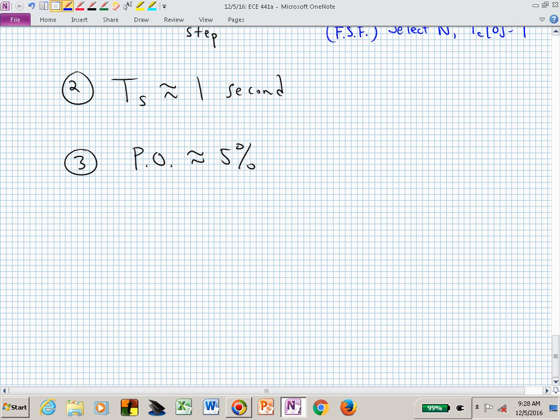What's the question? And it's not what is 1 second or what is percent, but what are the closed loop pole locations to achieve particular design specs?